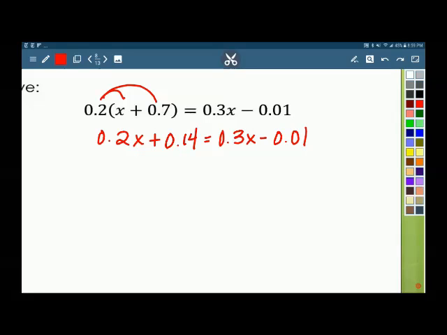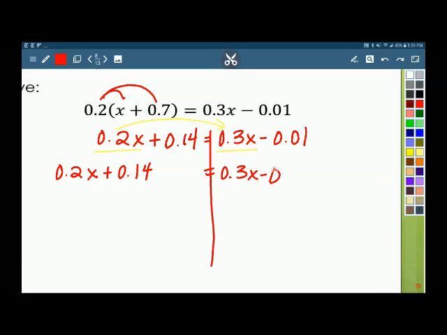Again, second goal before you start solving, get the variables on the same side. 0.2 is less than 0.3, so I'm going to move that one over to the other side. So I'm going to scoot everything over. Write everything down first, and then insert the opposite.